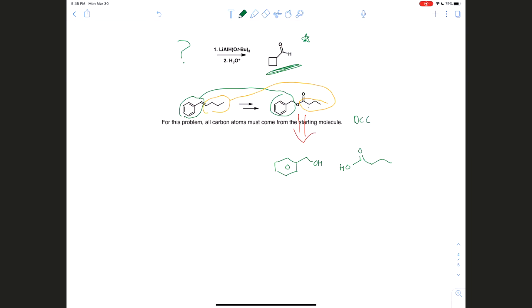But remember, if you have an alcohol and an acid with DCC, we need to add in DMAP. So DMAP is used to further activate the activated ester along the way to get the reaction to take place, just like if you were to use an anhydride.